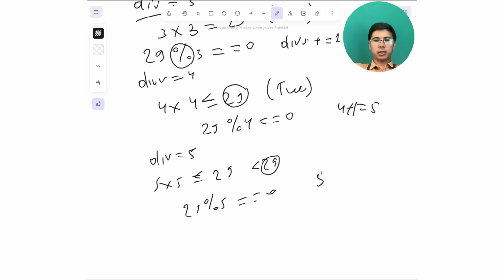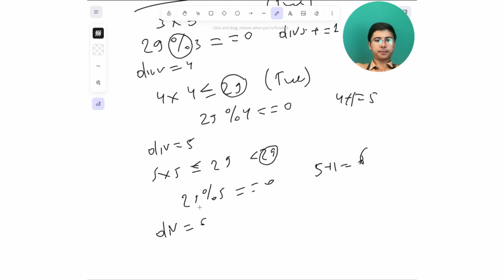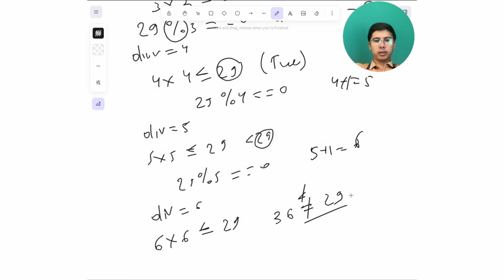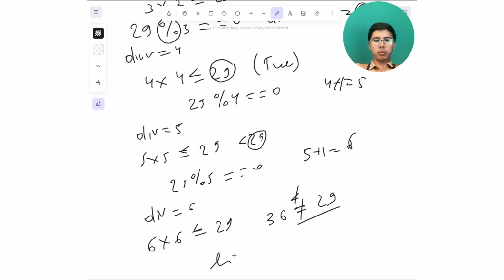No. Then 5 plus 1 is 6, and the divisor is 6. 6 by 6 is 36, which is not less than 29, so it is false. We can stop our loop in this iteration, where our steps are 6.